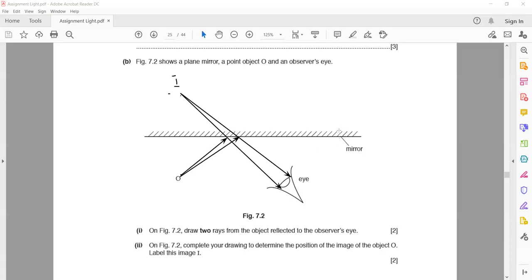In a short time you can complete your answer. You just have to measure a distance between the object and the mirror and then make another distance from mirror to the image. Is it clear? Any doubt in this?